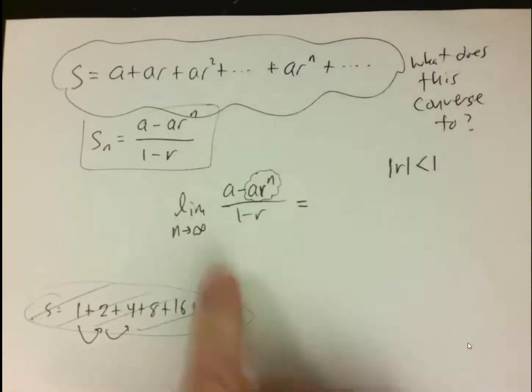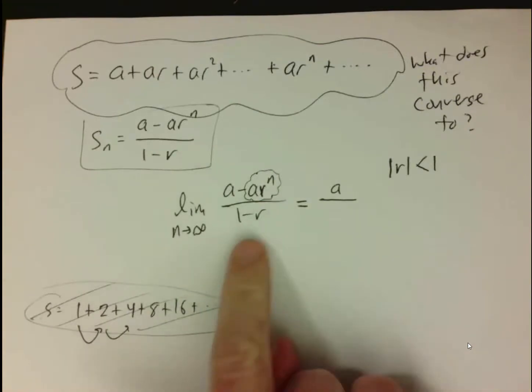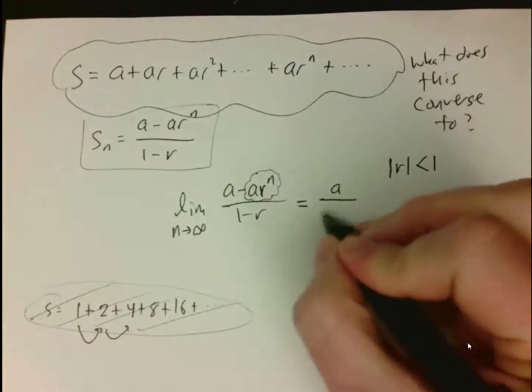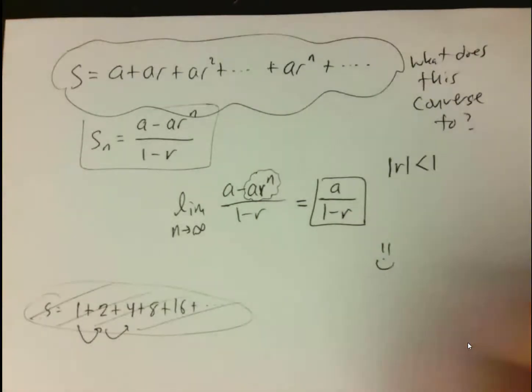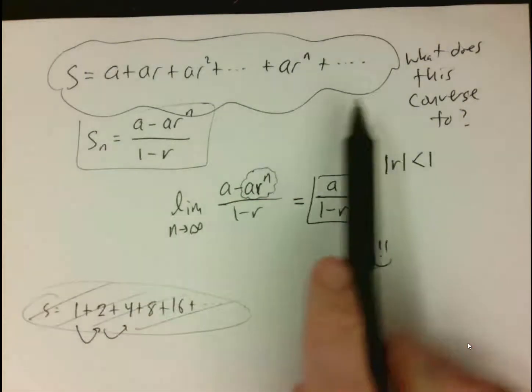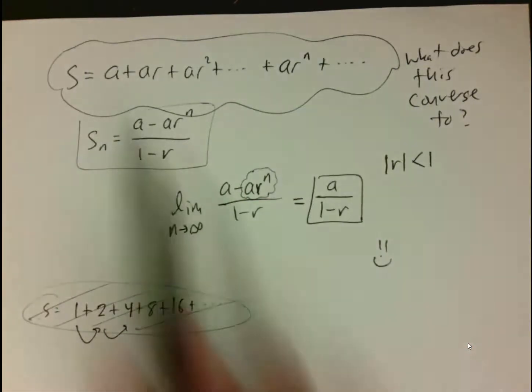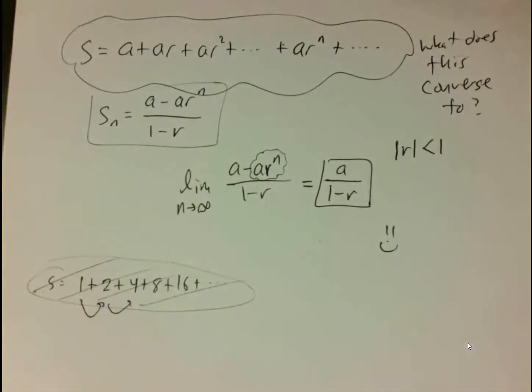So if that's really true, then this entire limit is going to be equal to A over 1 minus R. And this is, in fact, the equation for the sum of an infinite geometric series. This is only true for series that are geometric, because the way that we got this was by figuring out what's the nth partial sum, and then looking at what happens to that as you approach infinity.